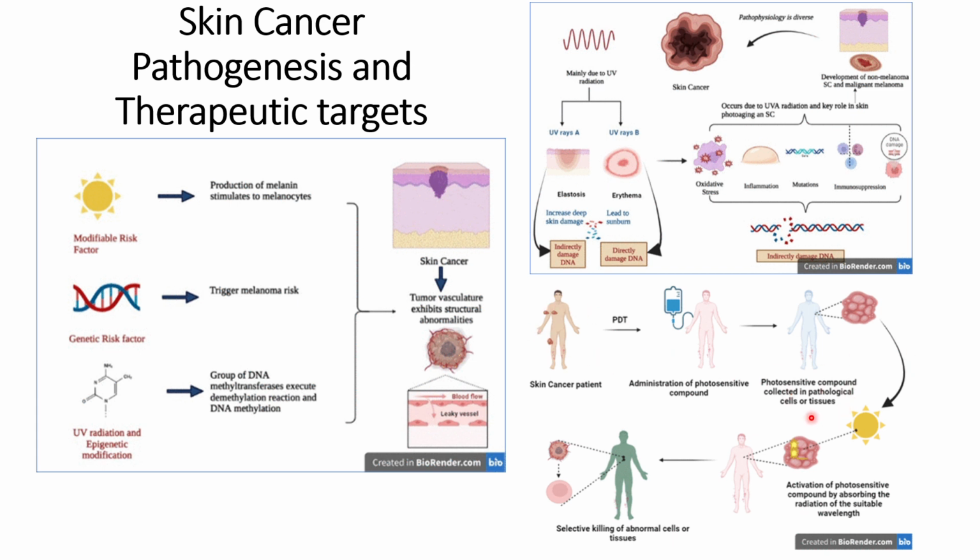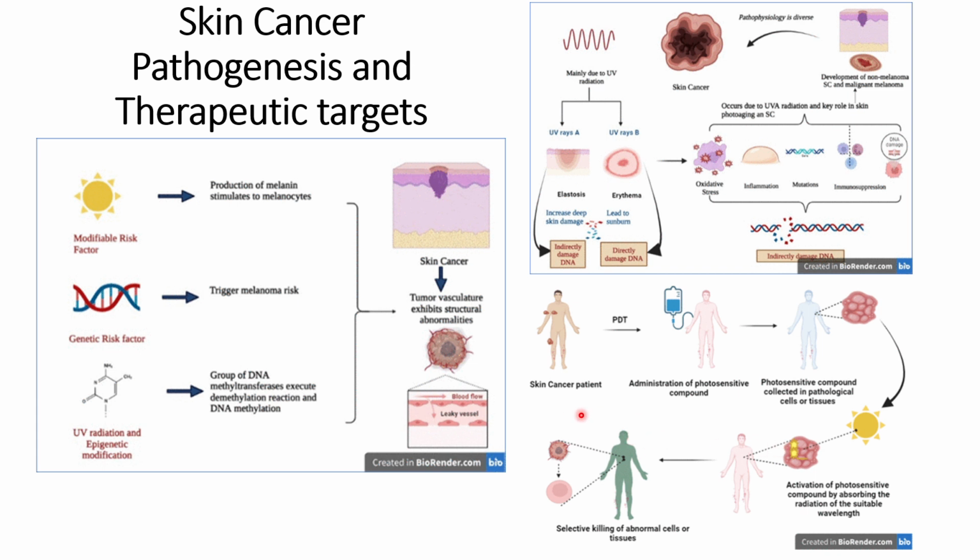After the photosensitive compound collects in the pathological or damaged tissue cells, they are exposed to sunlight. Since this photodynamic compound has the property to trigger cytotoxicity or apoptosis once activated by sunlight, or by radiation of a particular wavelength, it will trigger an apoptosis or cytotoxicity effect that leads to the death of the cells.